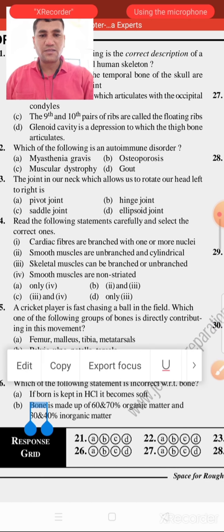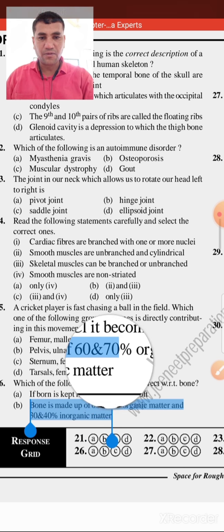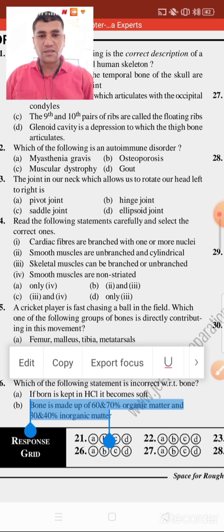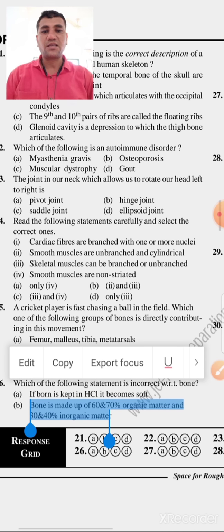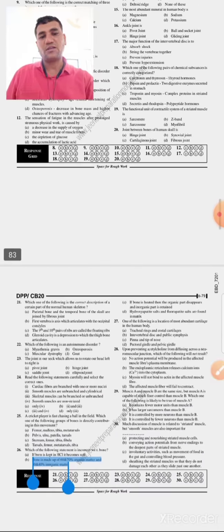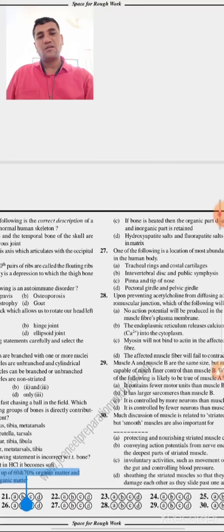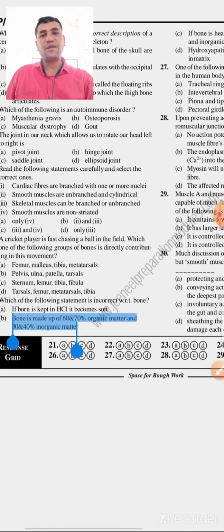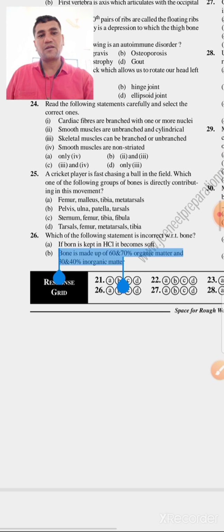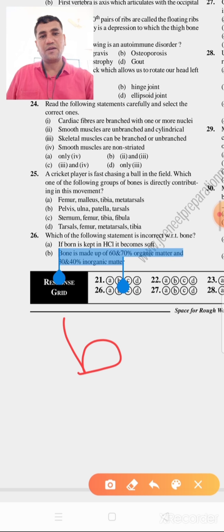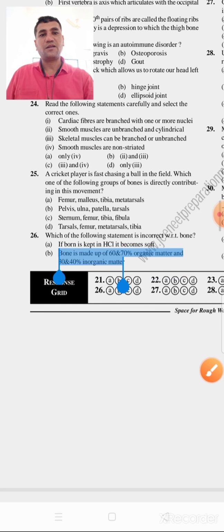So the reverse statement is the wrong option. The right answer is bone is made up of 60 to 70 percent inorganic matter, that is mostly calcium, and 30 to 40 percent organic matter. So the incorrect option is B. The answer is the highlighted part.